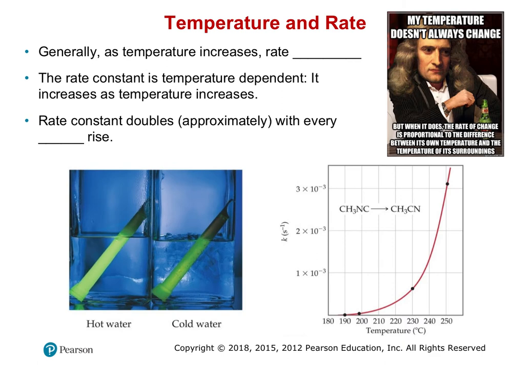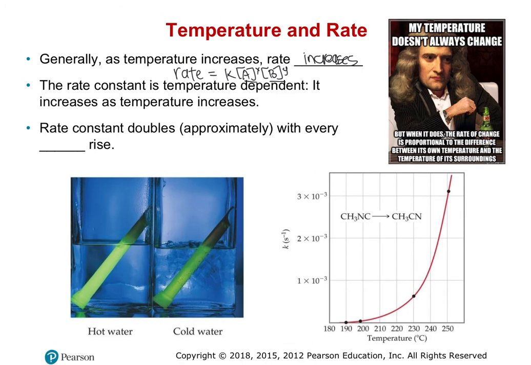We talked about how as we increase our temperature, our rate increases. So remember, rate equals k times our reactants to their orders, right? The orders and reactant concentrations aren't related to the temperature, but our rate constant is.